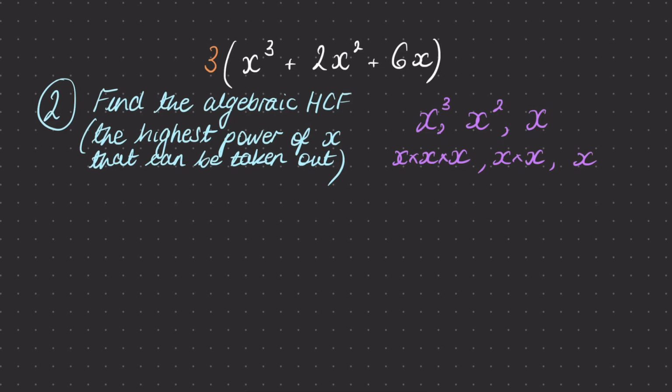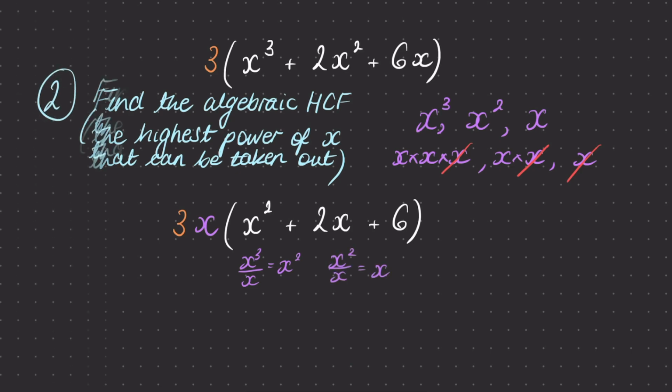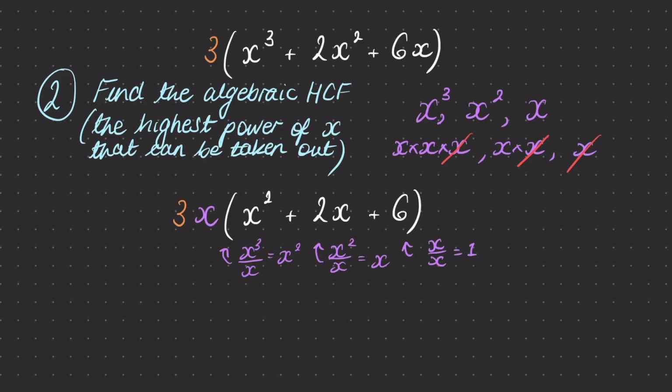The highest power of x that can be taken out is x to the power of 1. If we put this in front of the brackets, it leaves us with x squared, x, and then 6 on its own. Because x to the power of 3 divided by x is x squared, x squared divided by x is x, and x divided by x is just 1. So rather than writing 6 times 1, we would just write 6 on its own.